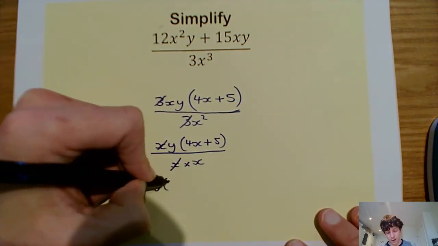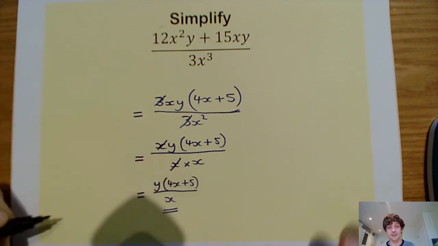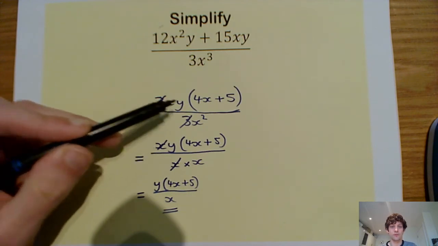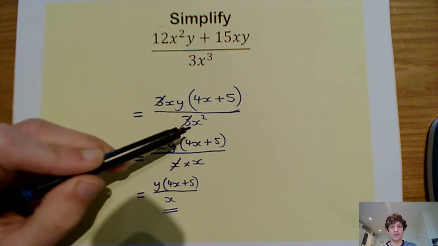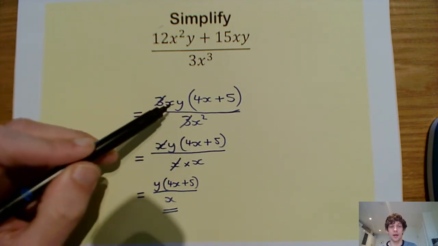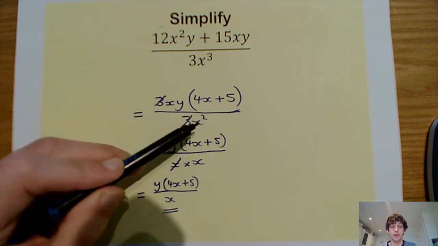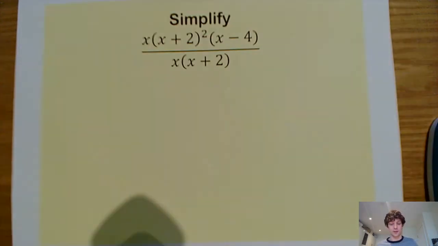So now I've got y over 4x plus 5 over x, and that's as simplified as I can make that. So I could have just gone from this step here to this step here by thinking x over x squared. Well, if I divide by x on the top, I'd get rid of that x. If I divide by x on the denominator, x squared divided by x would just leave me with this x.